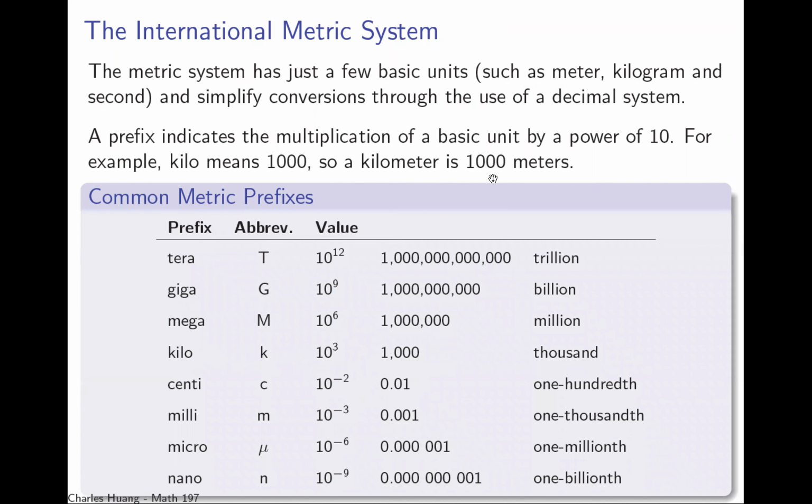So a kilometer is 1,000 meters. 1 kilogram is 1,000 grams. Same thing with the other units. Milli means 0.001. So 1 millimeter is 0.001 meters. 1 milligram is 0.001 grams.